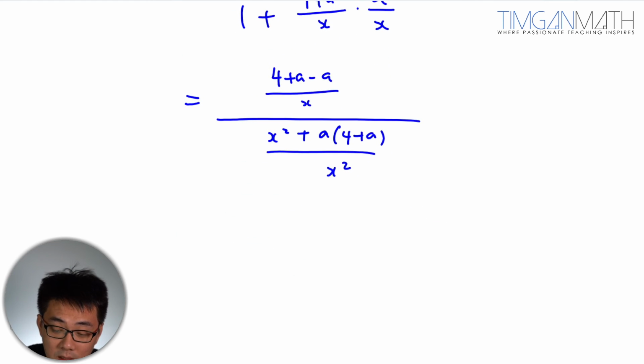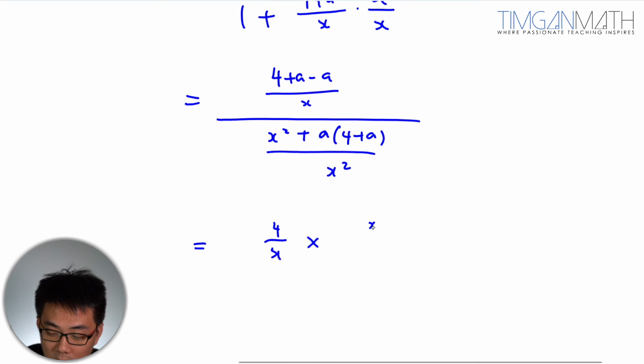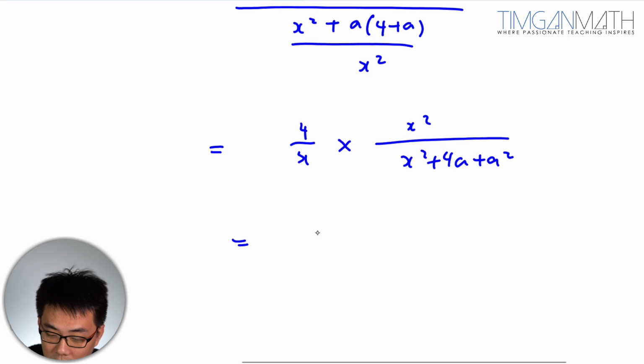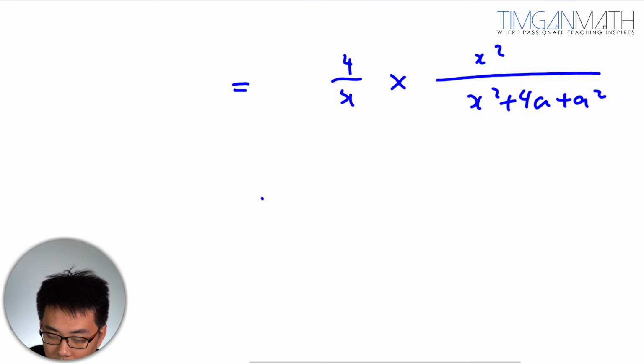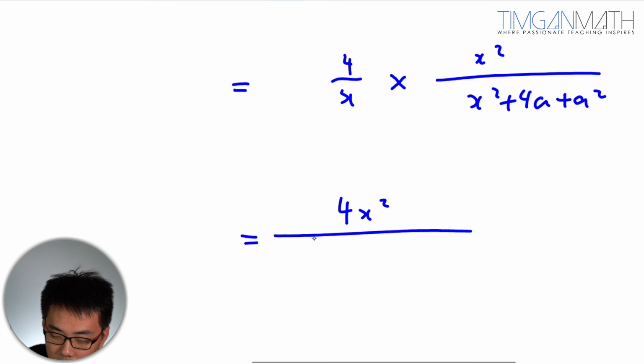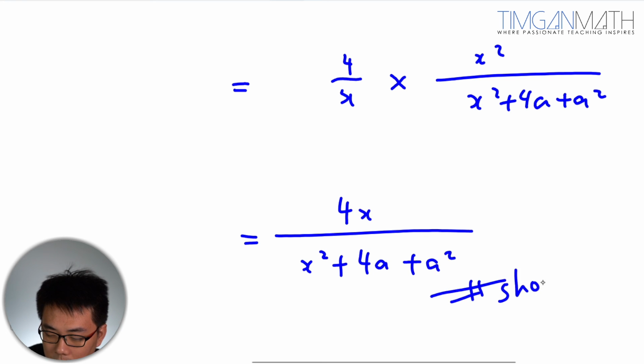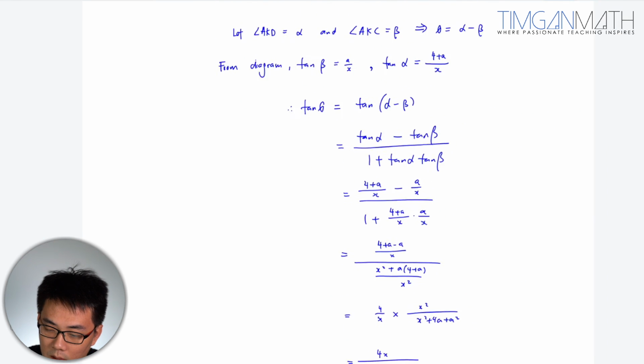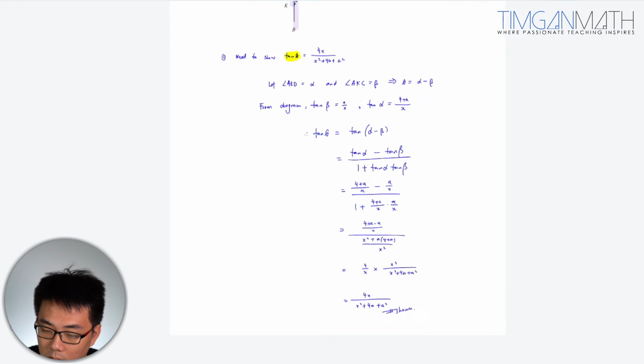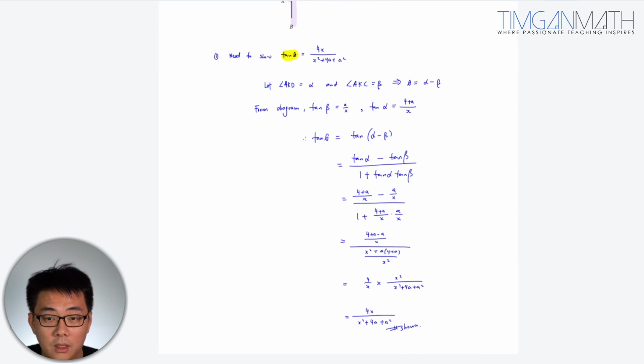This is just normal algebra which we already know how to manipulate, so I'm not going to go through all the nitty-gritty here. Expanding 4a plus a squared, what we get is 4x over x squared plus 4a plus a squared. Shown. Yeah, that's how you do this question proficiently. Let's look at the next part.